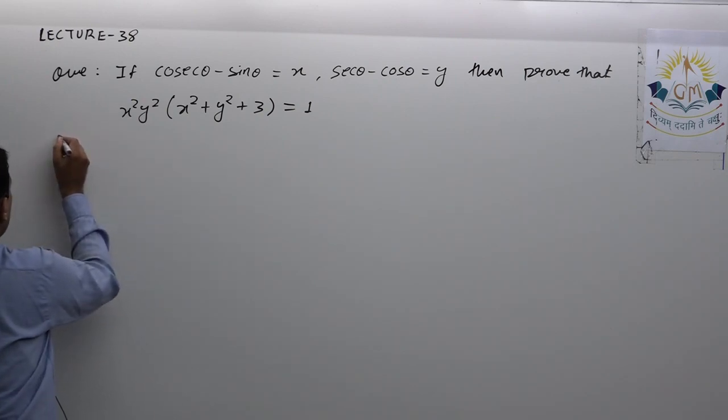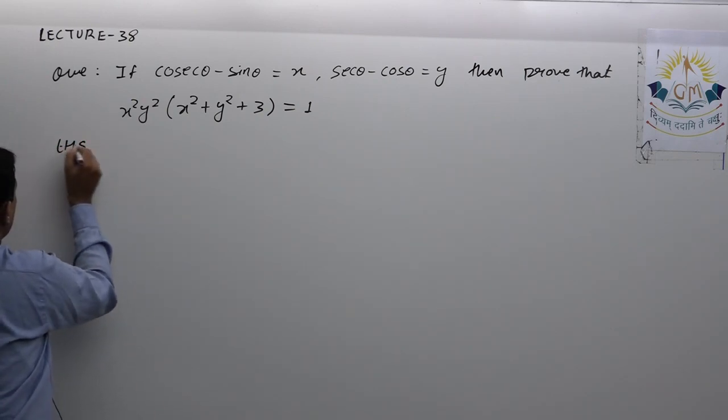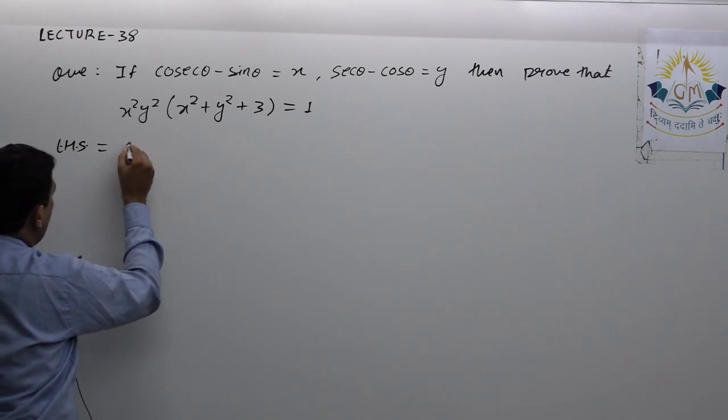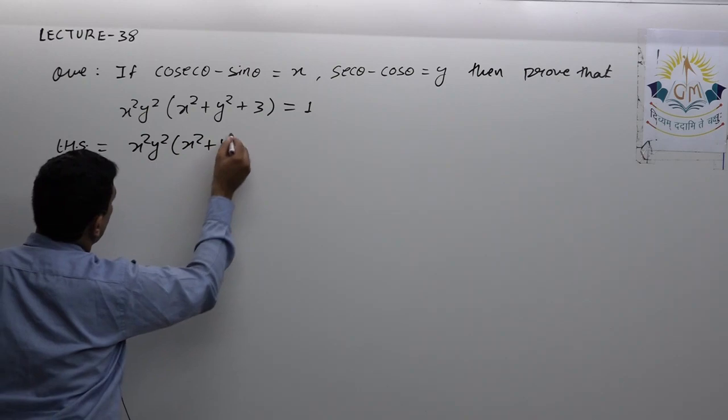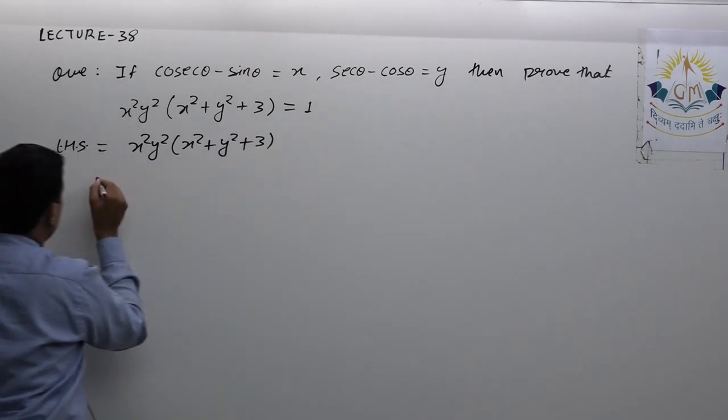So let us start from the left hand side. It is x square y square into x square plus y square plus 3.